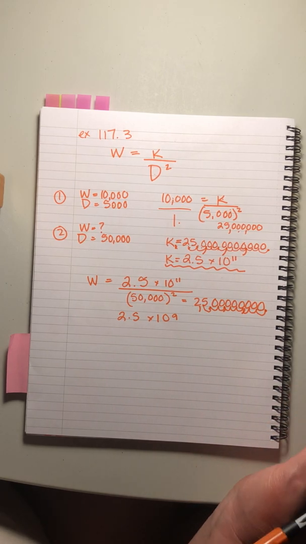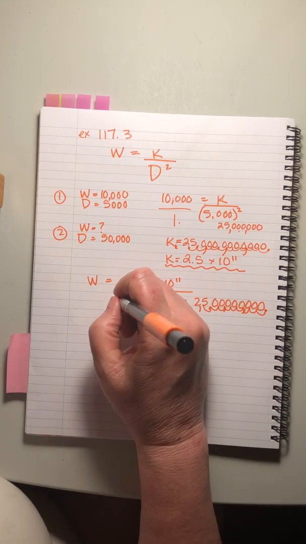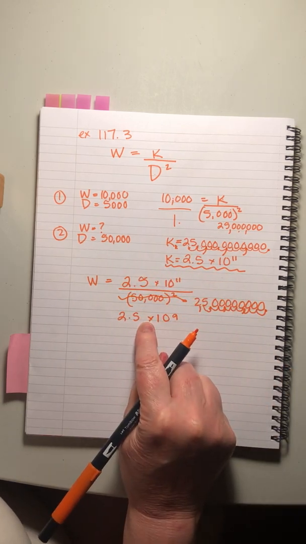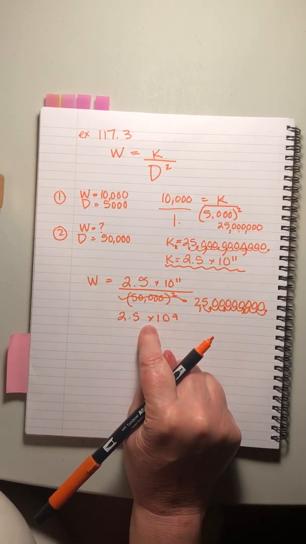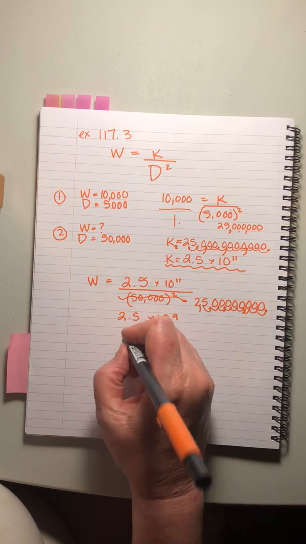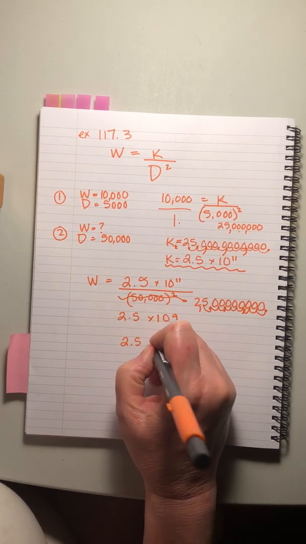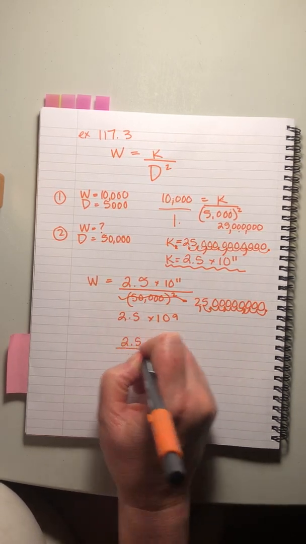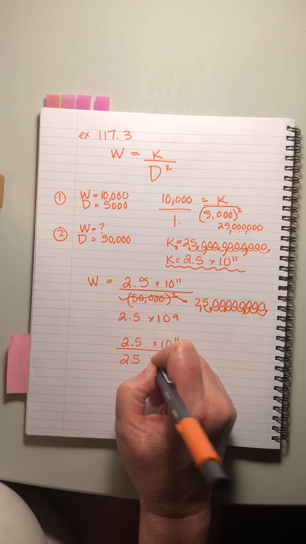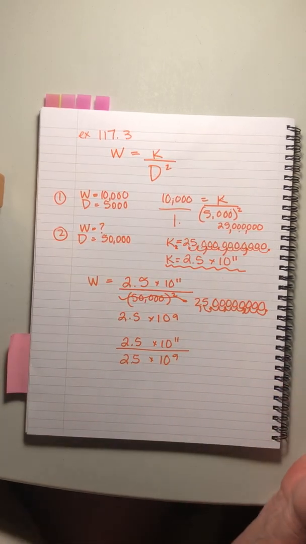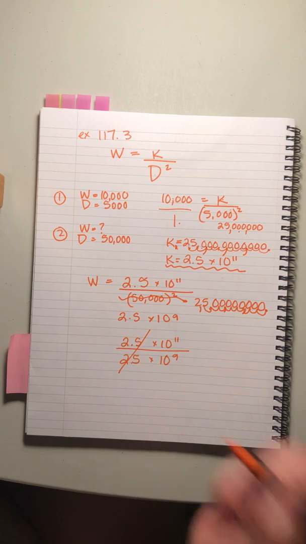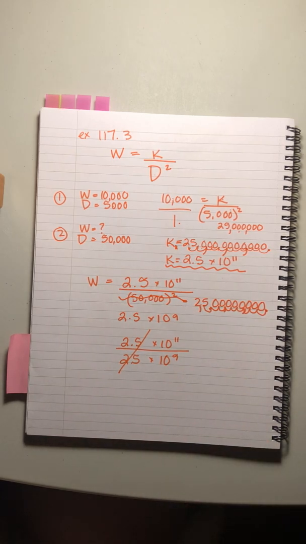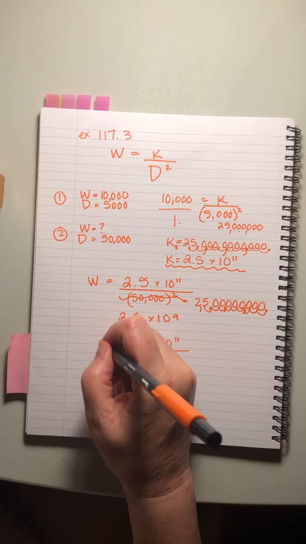Does that make sense? I hope so. Okay, so we can cross that out because we changed it to this. Now we can simplify this, right? I'll just write it again so we can see it. 2.5 times 10 to the 11th over 2.5 times 10 to the 9th. That cancels, because that's equal to 1, and we don't even need it anymore.